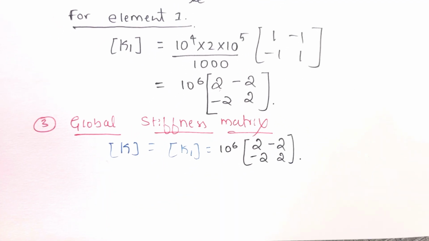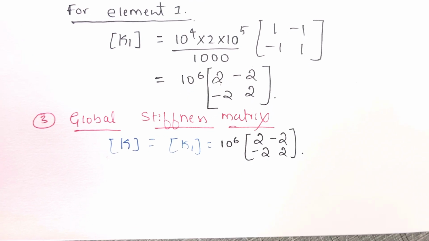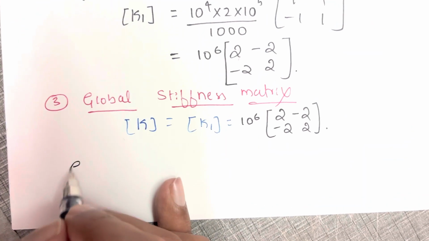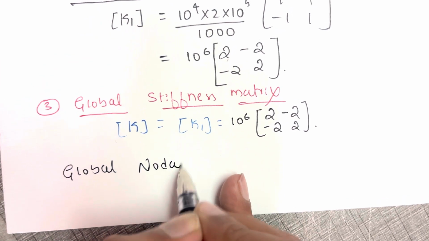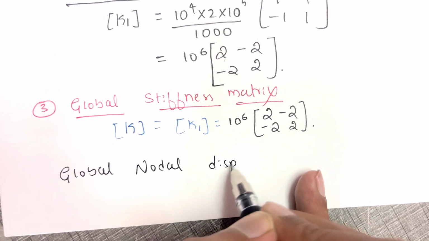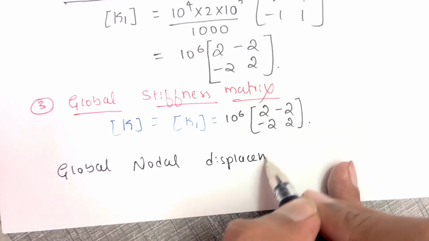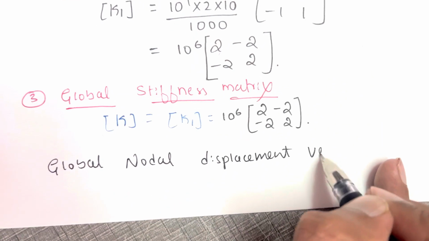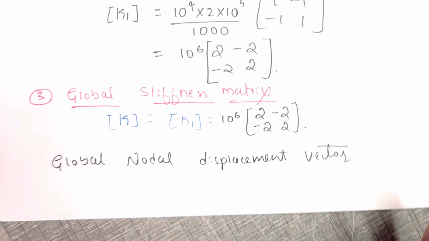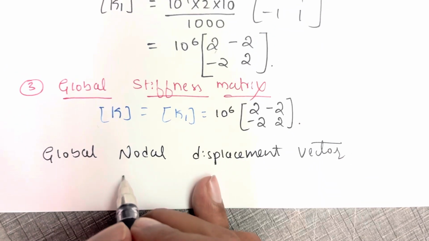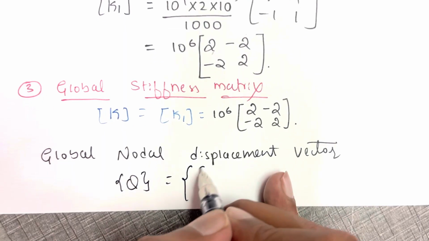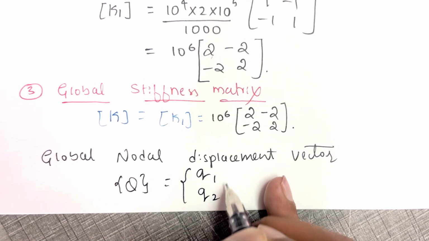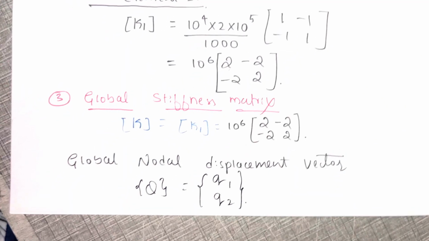Next, global nodal displacement vector. So the displacement vector, we know, is indicated by capital Q. Here we have two nodes, so it is Q1, Q2. Okay.